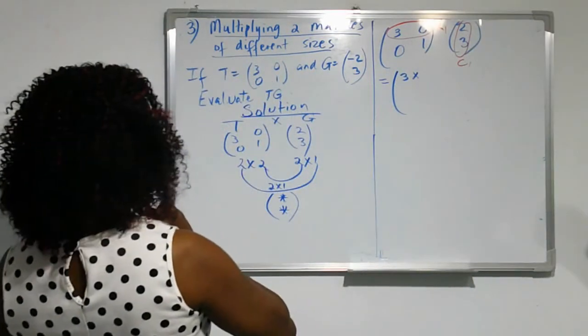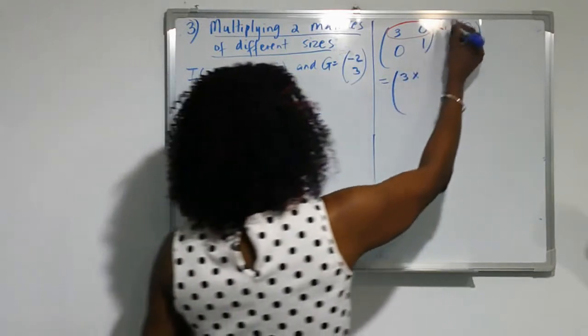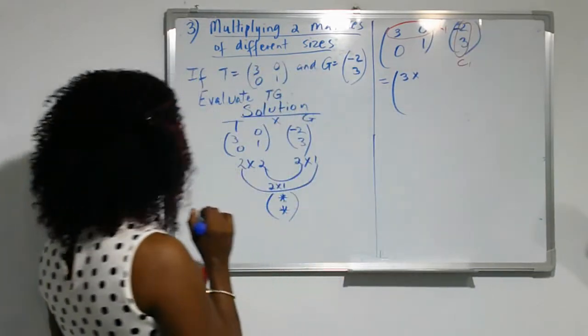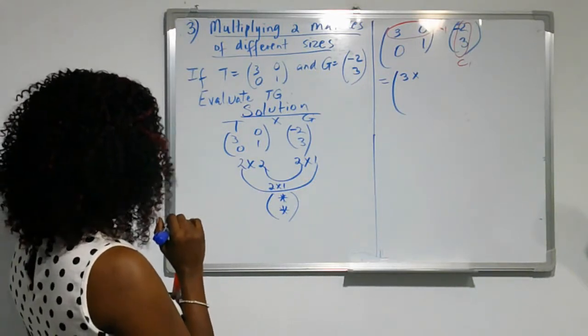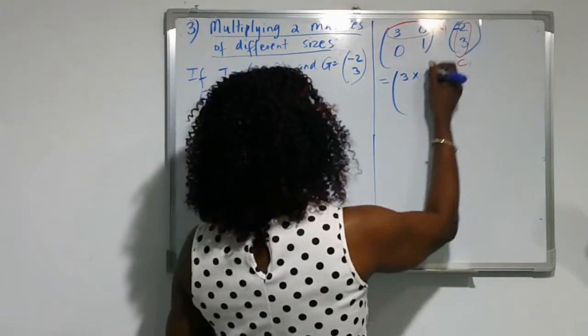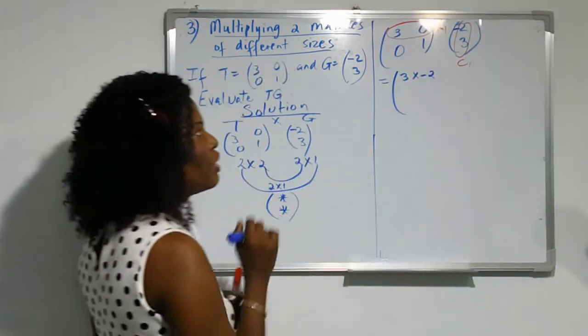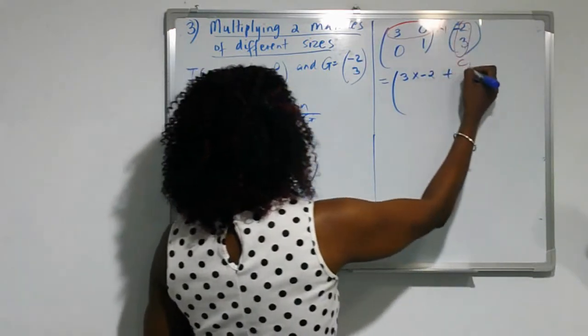And let us see if we missed off anything. Here G is negative 2, so we have to be careful that we don't miss off the signs. Just double checking to see if we wrote the question correctly. 3 times negative 2, that's first with first, plus 0 times 3.